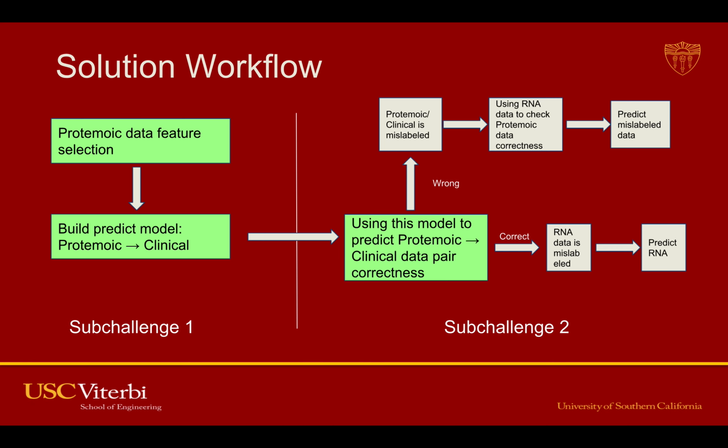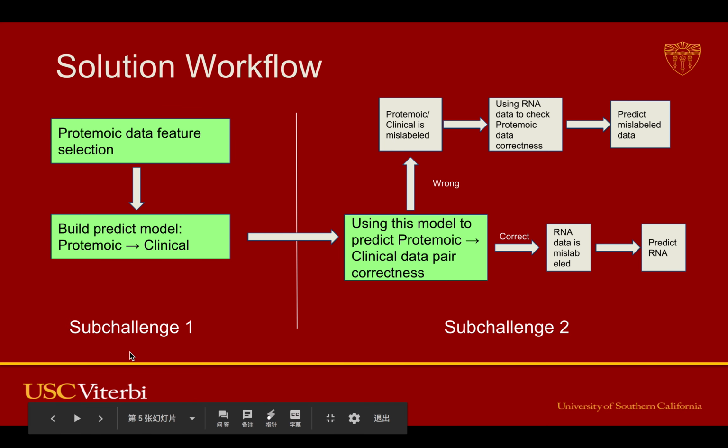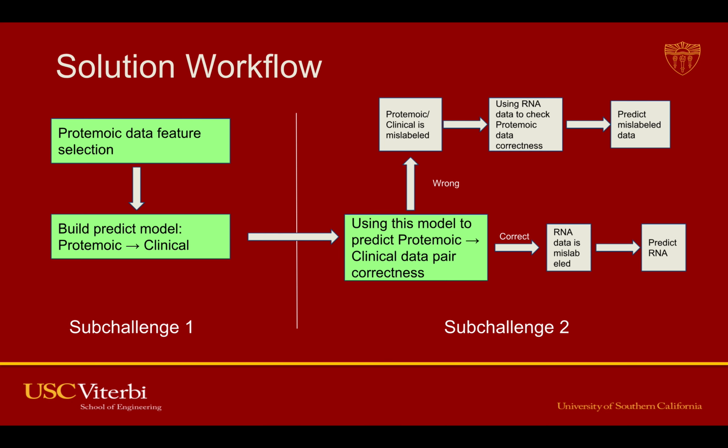As you can see here, it's divided into subchallenge number 1 and subchallenge number 2. To begin with, we're doing feature selection on the proteomic data because it has over 4,000 features, and we are not going to use all of them.